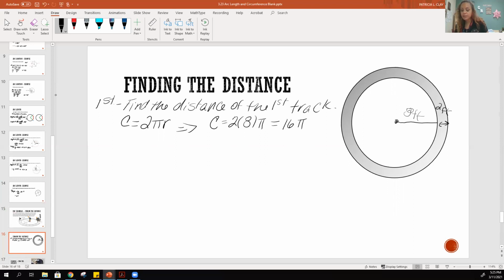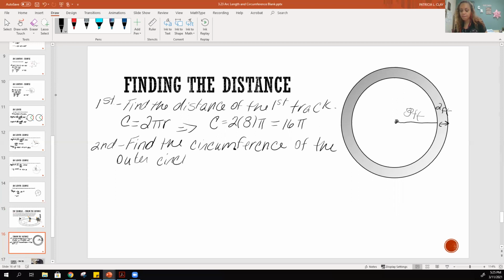Now, the next step is to find the circumference of the outer circle. I should have just written C instead of writing this all out. You all can do that. You don't have to keep writing circumference. Just write capital letter C of the outer circle. If we know the radius of the inner circle is 8, and we know this is 2 feet wide, that means out here would be 10, right?